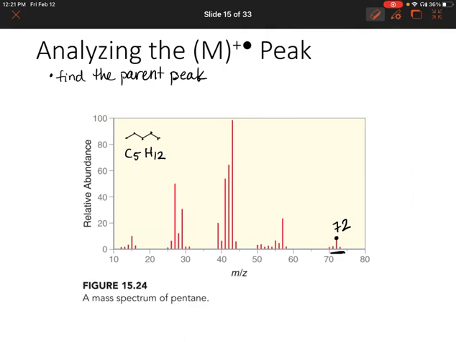So now let's look at these other clusters in the mass spectrum. Now, you might notice that this peak in the middle is our tallest peak overall. So the tallest peak in your mass spectrum we call the base peak. So this is the most abundant ion in your sample.